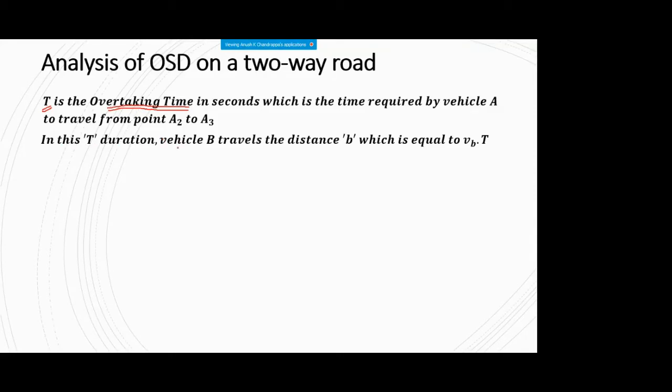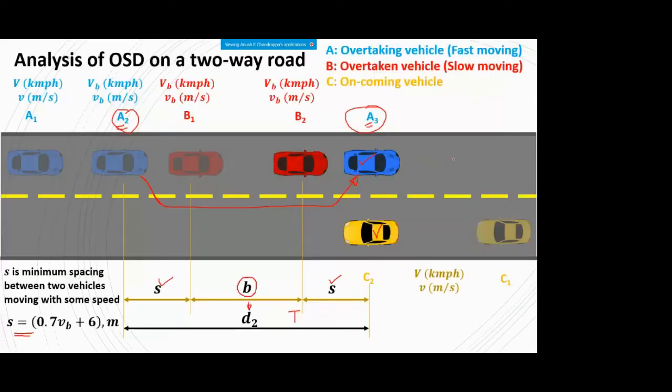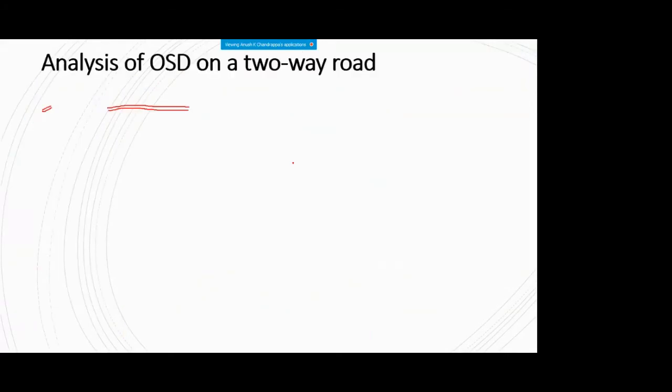So in this T duration, vehicle B travels the distance small b, which is equal to VB into T. Obviously you can see from this diagram itself that for this red vehicle, from B1 to B2, that is the small b distance, traveled by the overtaken vehicle, the slow moving vehicle.